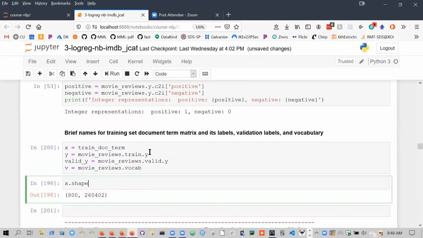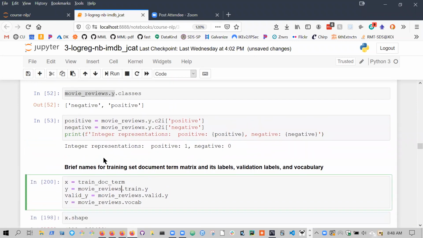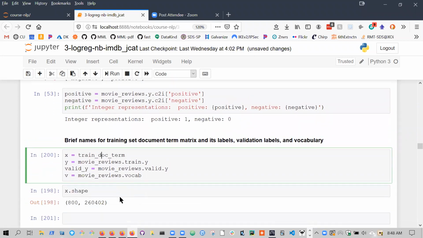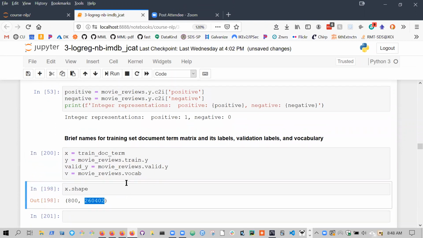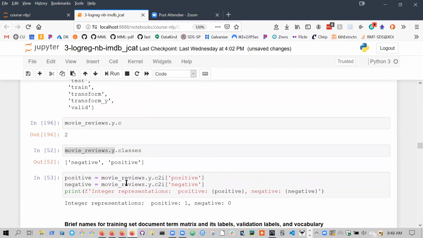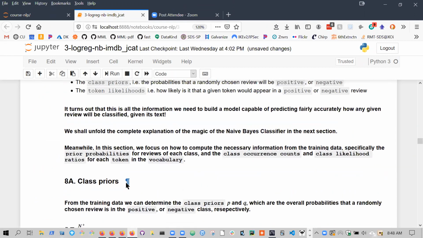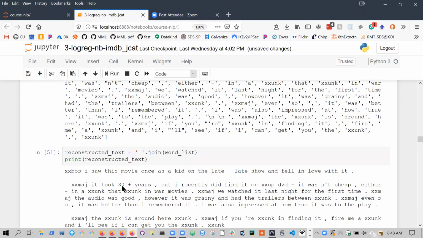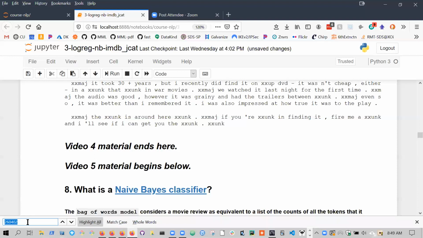Now, a little confused because the way I thought I set this up was that the document term matrix has 6,000 entries in it. Let me see where I put train doc term. Edit. Okay, train doc term.